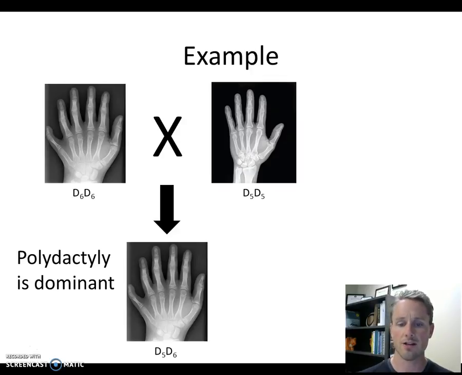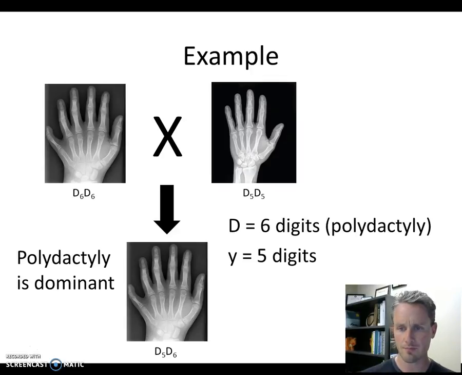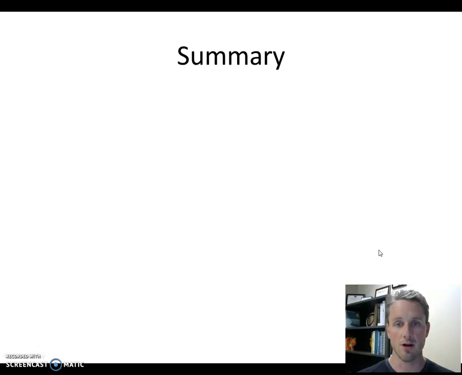Okay. If we wanted to switch now from using these allele annotations, D5 and D6, we could use uppercase and lowercase letters to represent the trait. So at this point, I could use an uppercase D to represent the 6-digit trait, which is polydactyly, and the lowercase d to represent 5 digits. So let's summarize.